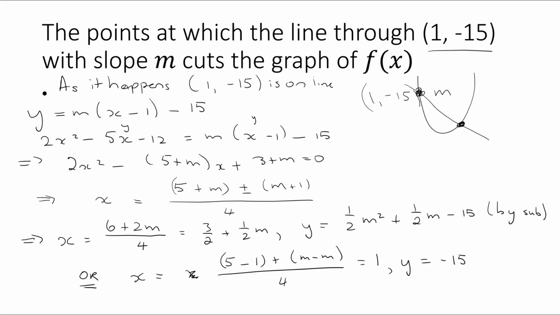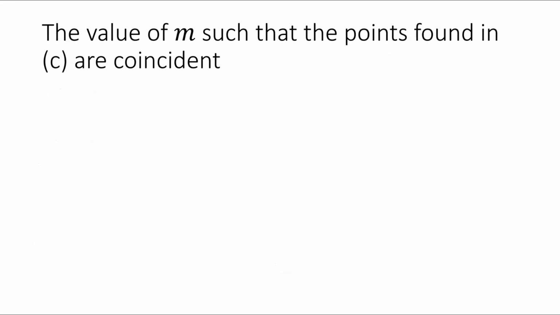So as we expected, one of the points was 1, negative 15, and all we know so far is that this point here is x is 3 over 2 plus a half m, and y is a half m squared plus a half m minus 15. Okay, now let's think a bit more towards what we are intending to do.